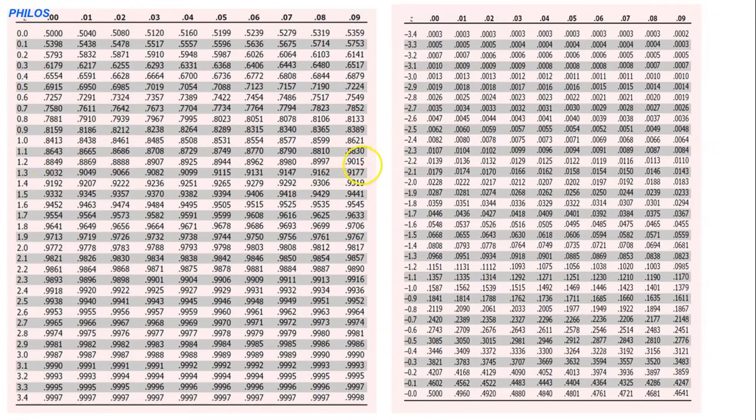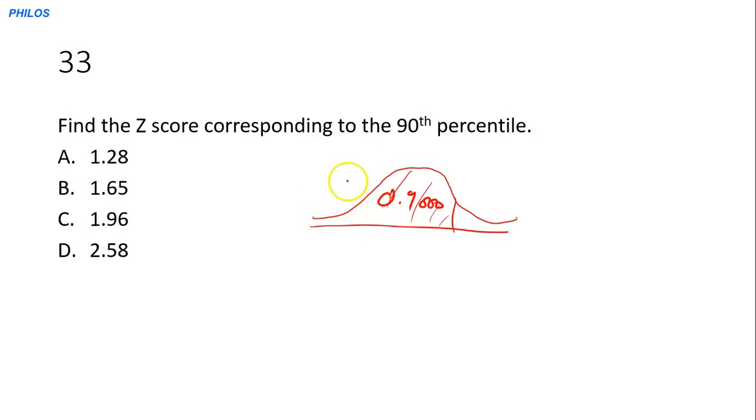We have 0.9015 here and 0.8997 here. So it will be between them, isn't it? So the z-score of this is 1.28 and that of this is 1.29. So 1.28 plus 1.29 divided by 2 gives you 1.285. So the z-score is 1.285. So the correct answer for this is A, 1.28.